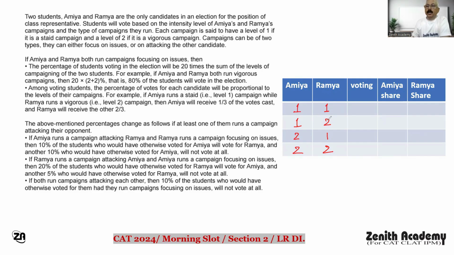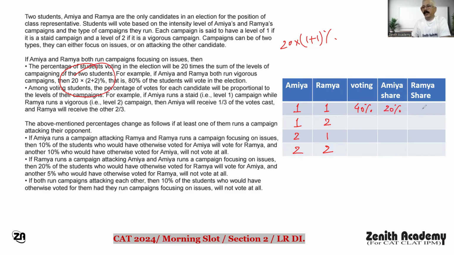So the first point is the voting percentage and the second is the voting share. If Amya is running type 1 and Ramya is running type 1, then by using this formula, the total voting is going to be 1 plus 1 into 20, that is 40%. And here the voting share between Amya and Ramya is in a 1:1 ratio.